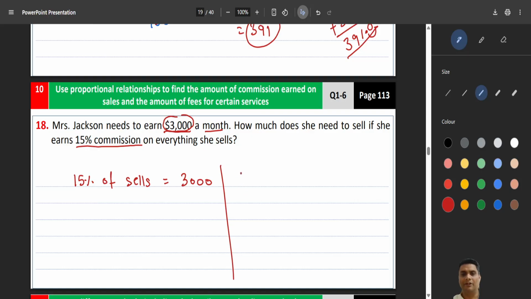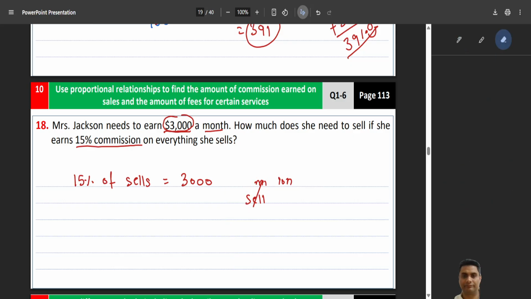Okay, see, 15%, we are talking about the commission over the selling that we have done. Wait, let me erase this. I want to make this easier for you.